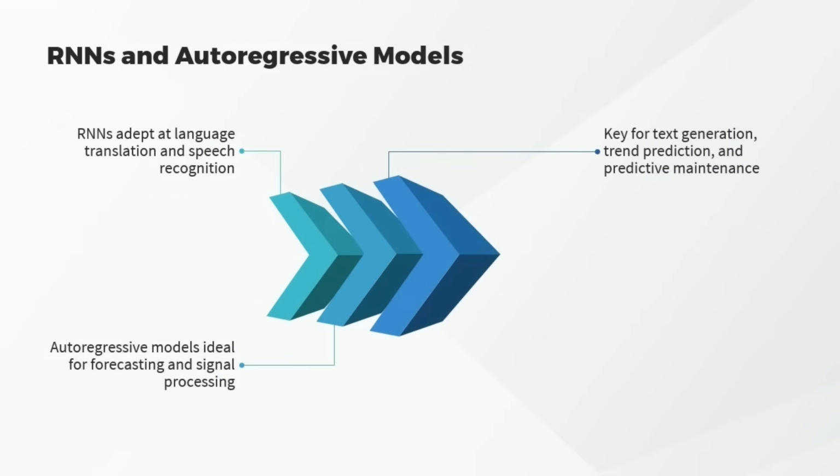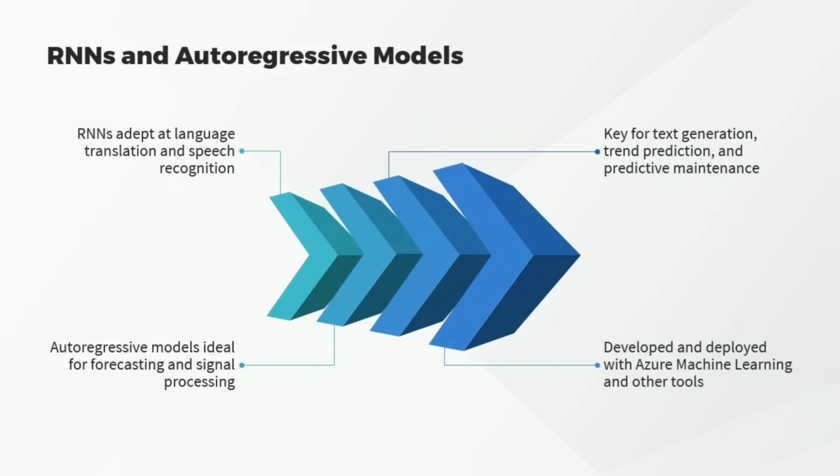These techniques are key in text generation, financial trend prediction, and predictive maintenance, offering valuable insights from historical data patterns. On Azure, these models can be developed and deployed using Azure Machine Learning, with its GPU-based computing and tools like Azure Notebooks. This enables efficient training and application of RNN and autoregressive models in practical, scalable AI solutions.